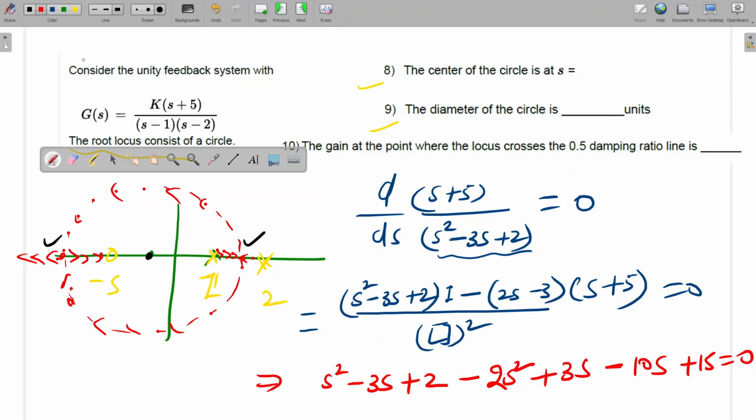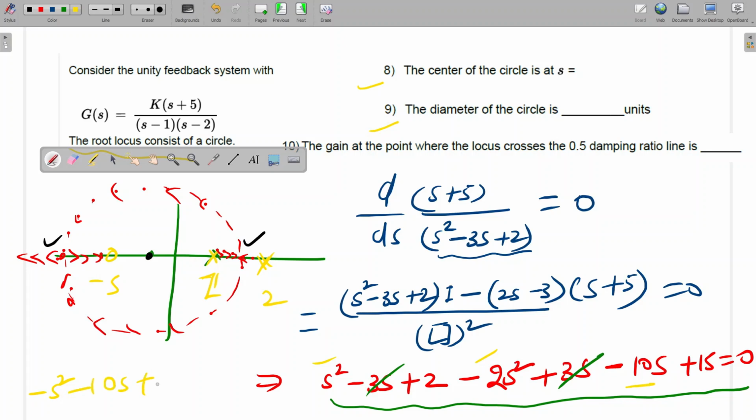So minus 3s and plus 3s will cancel. What will be the value of s? Can anyone solve this? Is this calculation correct up to now? So it will be minus s square, this s square and minus 2s square. This will be minus s square. Again, here it is minus 10s plus 17 is equal to 0. Is it correct?